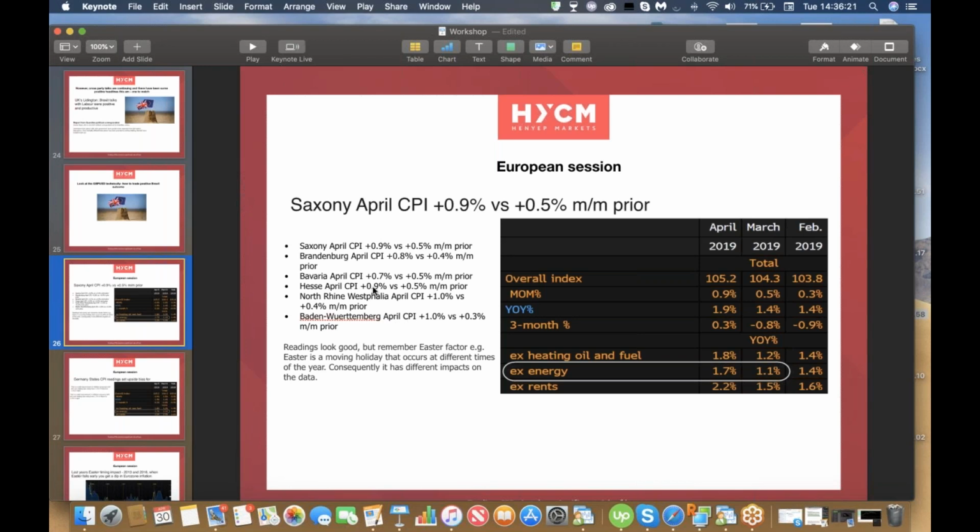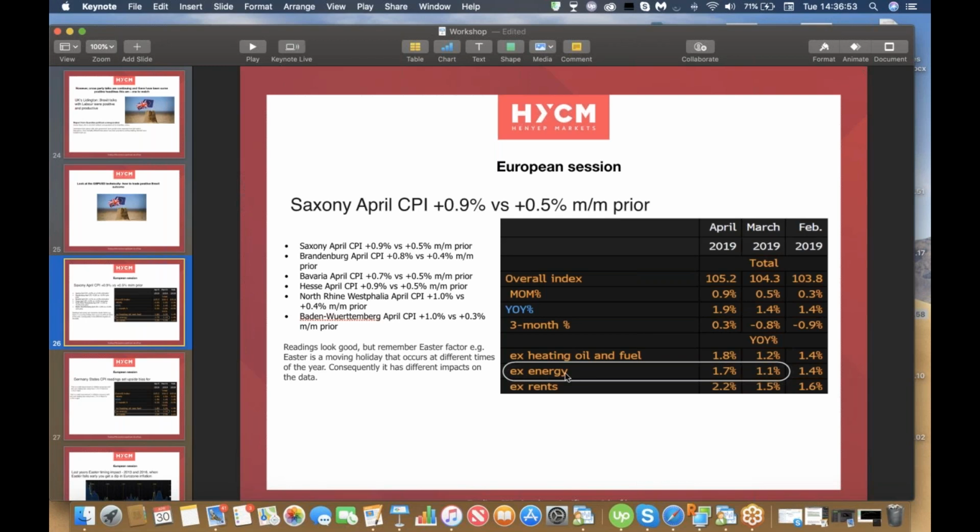You could see that nearly all the independent regions had a beat, and Saxony tends to mirror the German CPI data as a whole. In other words, what happens for Saxony tends to mirror what happens for the whole region. So that's why traders focus on the Saxony result particularly, and that came in at plus 0.9% versus 0.5% month-on-month prior, and the year-on-year reading was good.